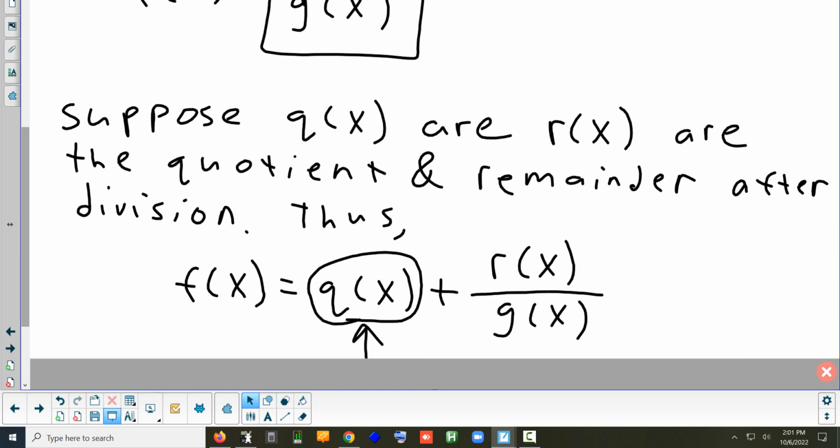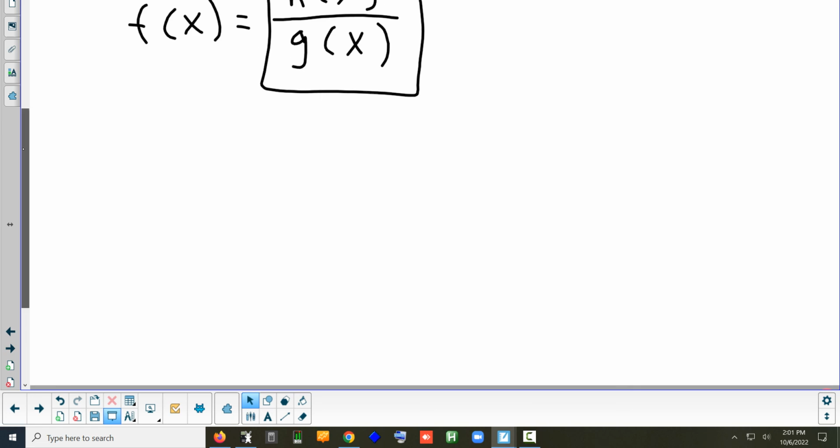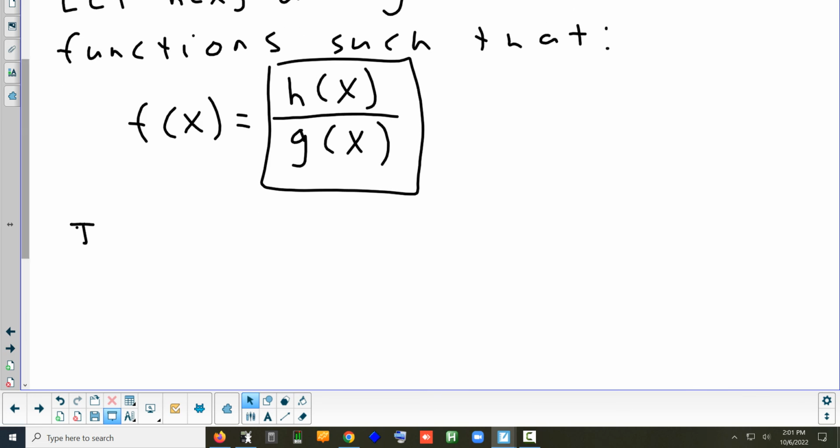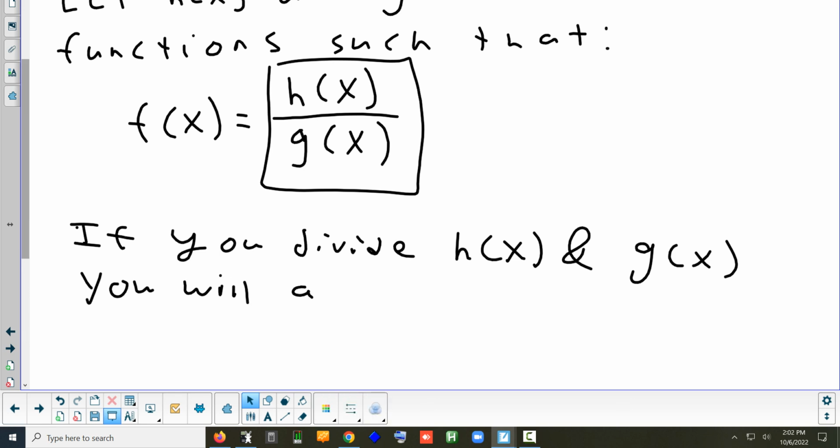In order to find what's called the end behavior asymptote, I'm going to write it this way. So, if you divide h of x and g of x, if you divide them out, you will get a quotient and a remainder.